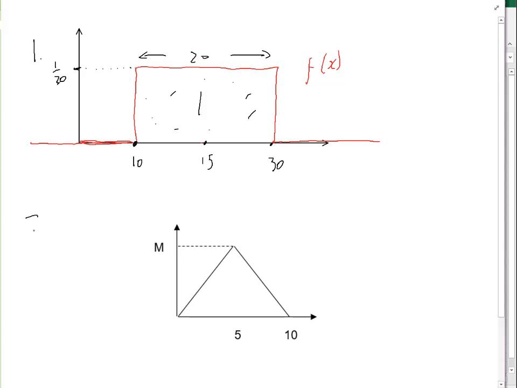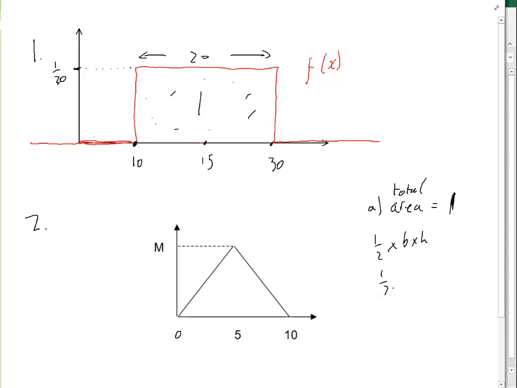So here's 2. If this is a probability density function, and we know it can only take on values between 0 and 10, so it's 0 outside of here, we can then calculate the height of m, because we know the total area equals 1, so a half times base times height. Hopefully you remember that from school maths.